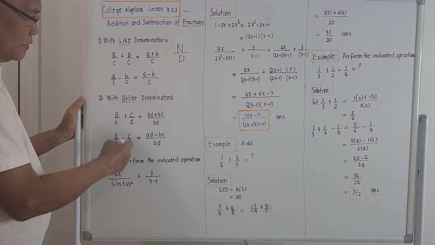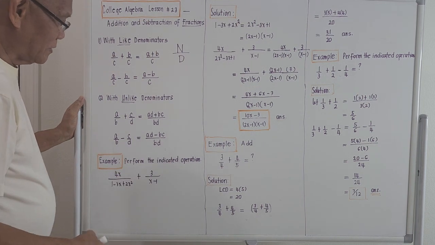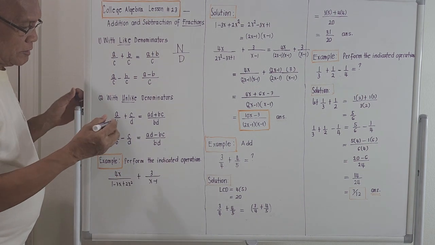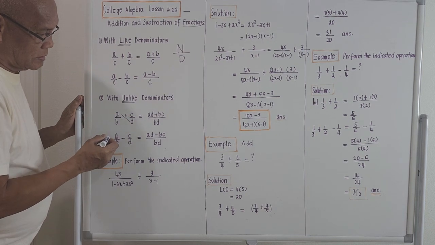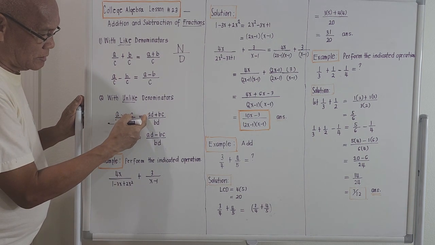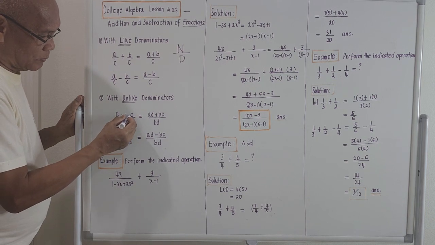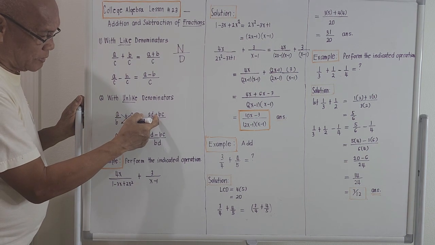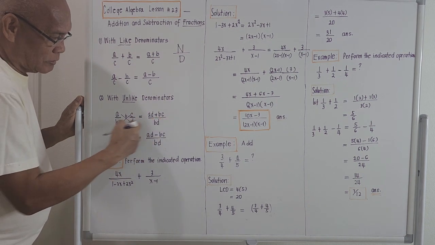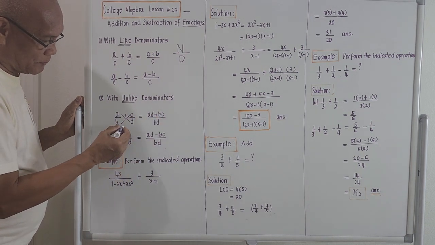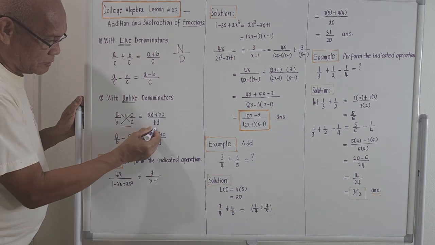So to simplify this, we multiply this one, that will be ad. Then we multiply this, and that will be bc. And the resulting denominator will be the product bd.